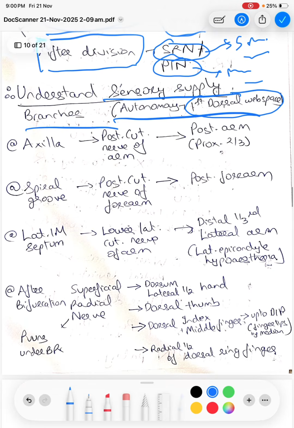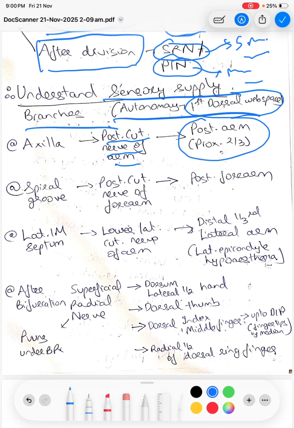Now, which locations does it supply? At the axilla, it gives the posterior cutaneous nerve of arm, which supplies the posterior aspect of the proximal two-thirds of the arm.